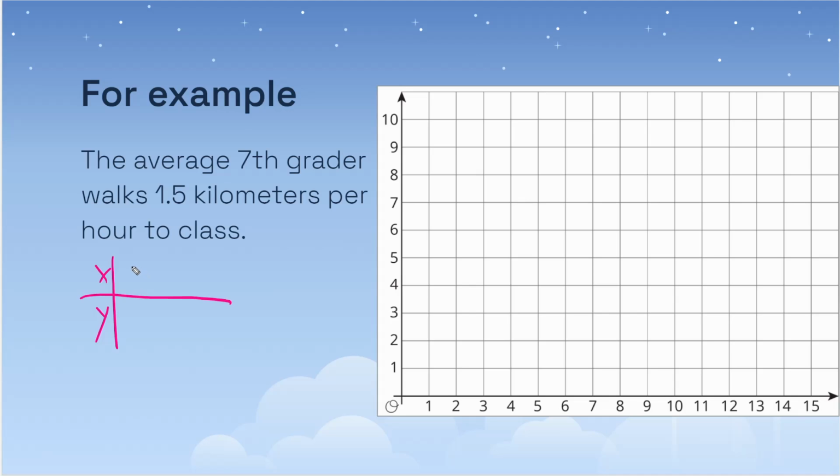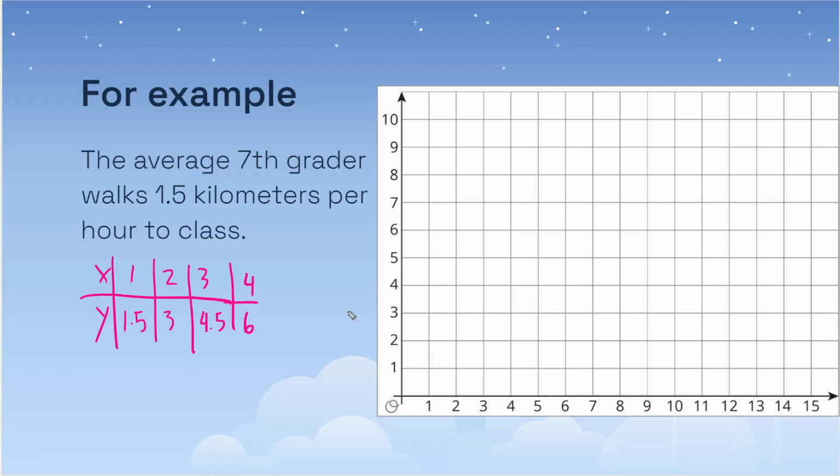So after 1 hour, they have walked 1.5 kilometers. After 2 hours, they've walked 3 kilometers. After 3 hours, they've walked 4.5 kilometers. And let's just do one more. After 4 hours, they've walked 6 kilometers.